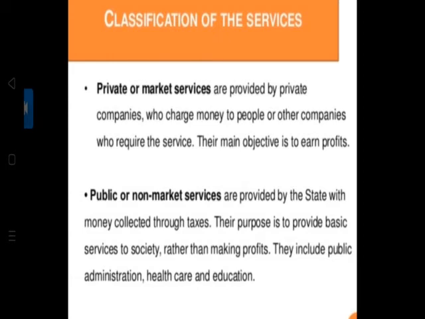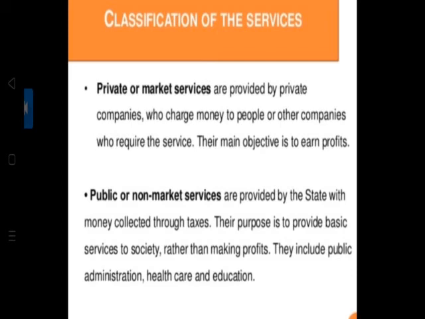They include public administration, healthcare, and education. So what comes under non-market services or public services? Healthcare, administration, and education. So you all can see the bifurcation, the division, and the private is also different. That comes with companies.